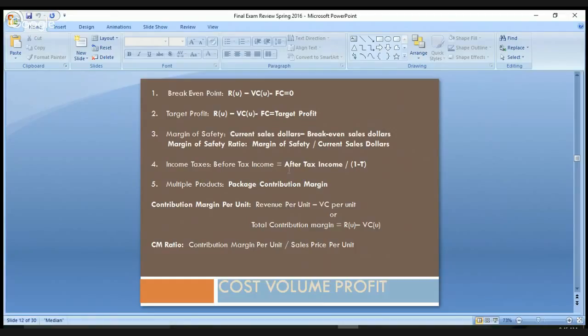Income before taxes, you take your after-tax income divided by 1 minus the tax rate. And then the contribution margin per unit, you take the revenue per unit minus the variable cost per unit. That's going to give you your contribution margin per unit. And then your ratio is your contribution margin per unit divided by your sales price per unit.